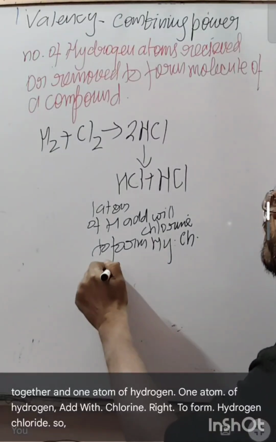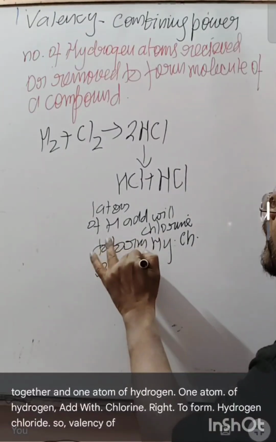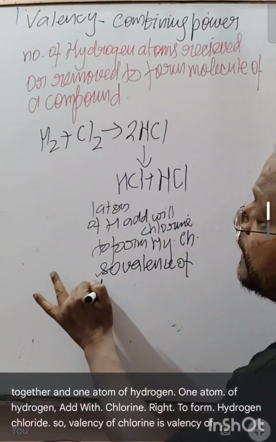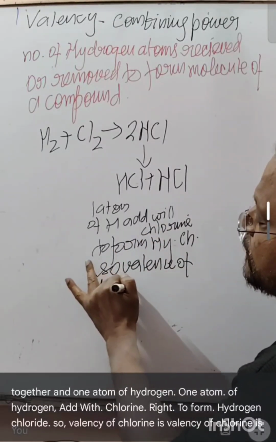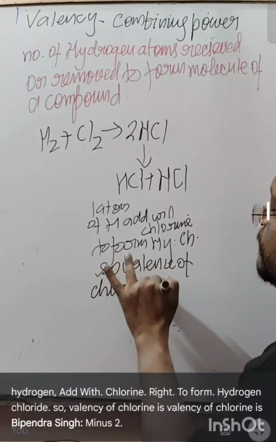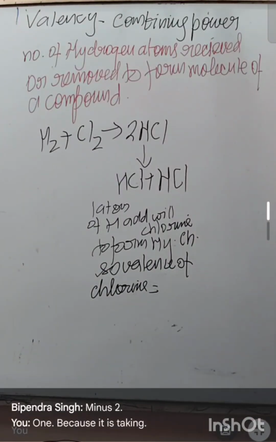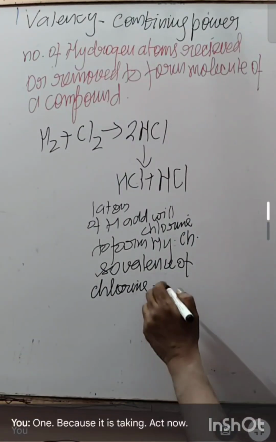So valency of chlorine is 1. It's 1, valency is 1.